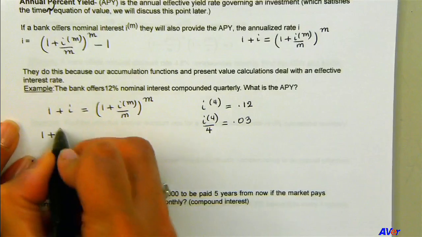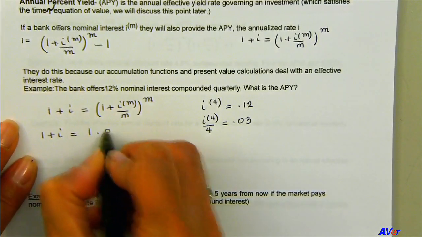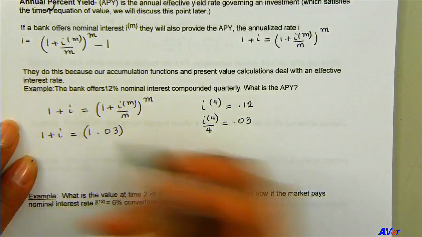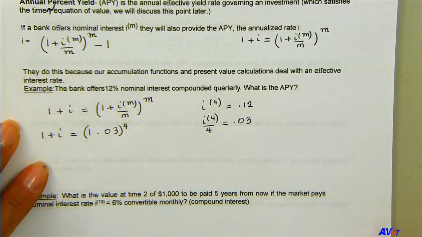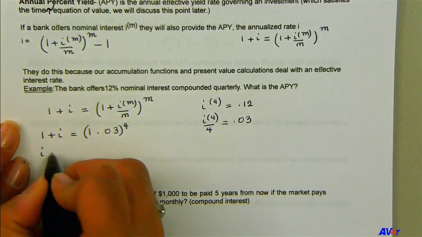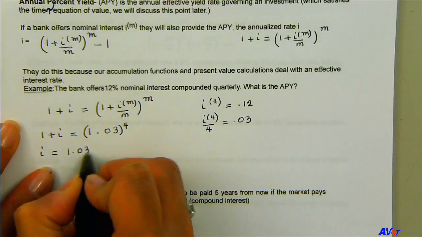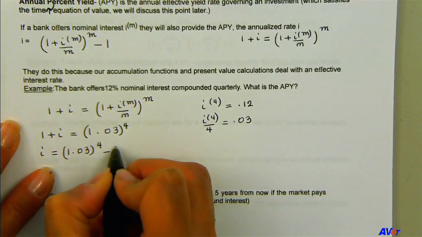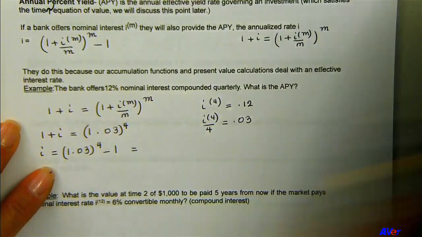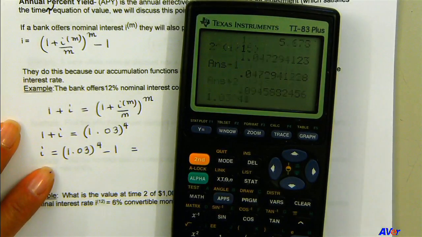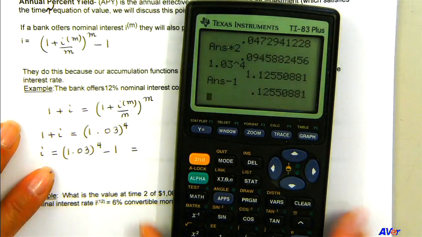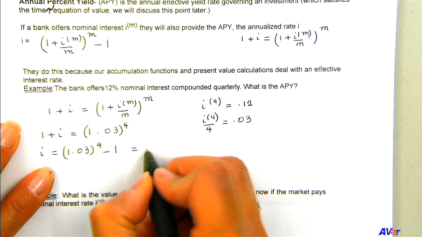So 1 plus i equals 1.03 raised to the 4th power. i equals 1.03 to the 4 minus 1, which is 0.1255.